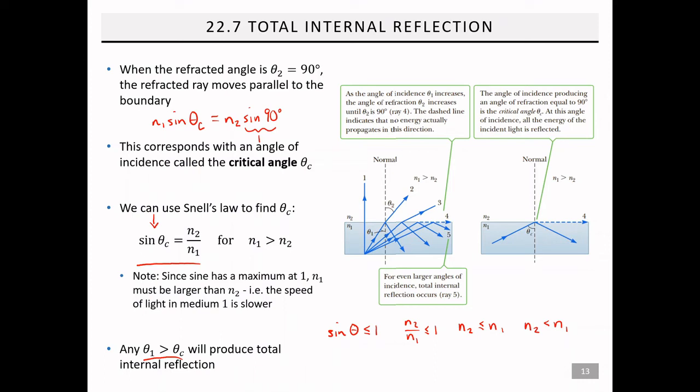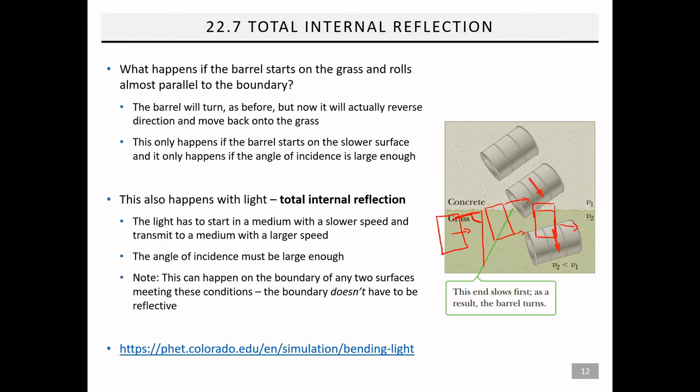So this tells me that in order for total internal reflection to occur, I need n2 less than n1. This means that n1 is a slower medium than n2. So medium 1 is more optically dense, and this matches up with the observation we had on the previous slide, that light has to start in the slower medium.